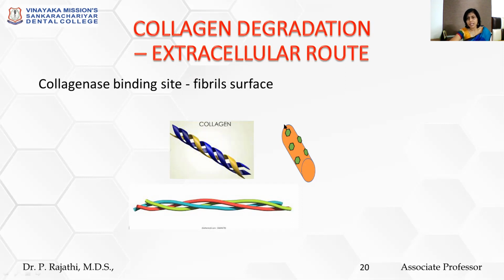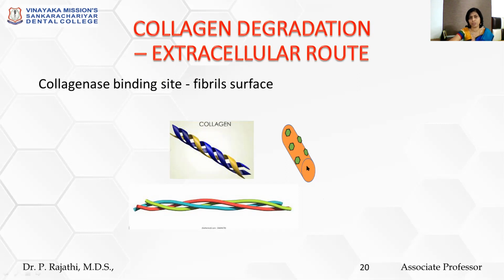So for convenience sake, I have just drawn this picture where you see it as single collagen, but it is actually a triple helical structure, right? 3 bands. So on the surface of this collagen, you have the collagenase binding sites.